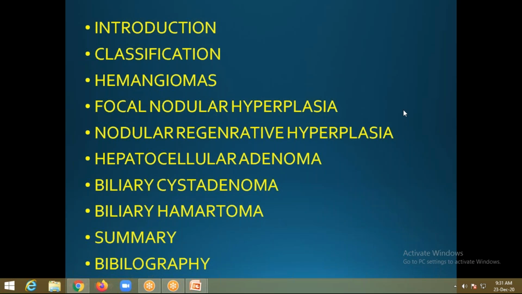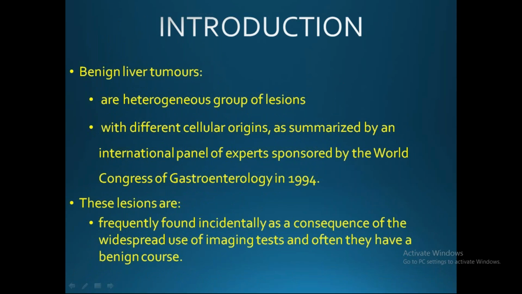So coming to the benign lesions of the liver, they can be discussed in certain parameters. So there are many types of benign lesions. They are grouped in a heterogeneous group of lesions. So there can be multiple types of origins.